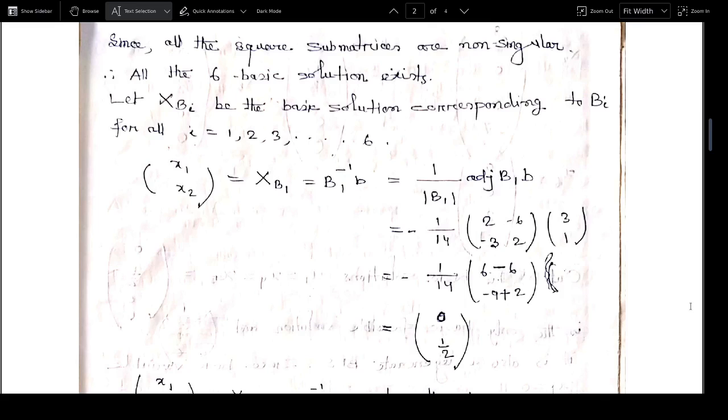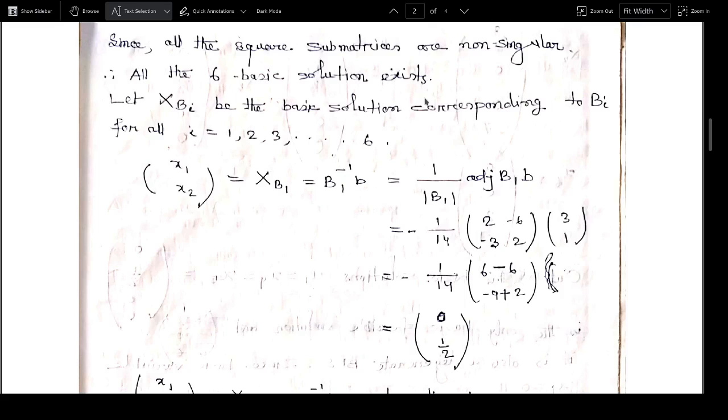So on the second page I have written: since all the square submatrices are non-singular, therefore all 6 basic solutions exist. Sir, what happens when one of them is singular?